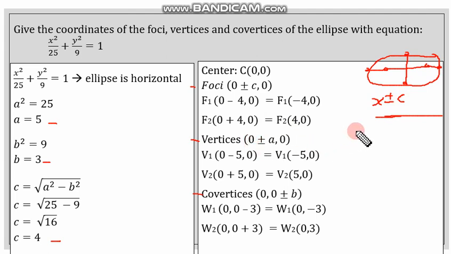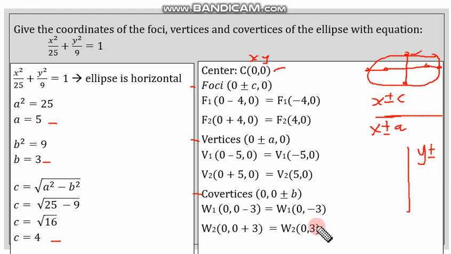And also sa vertex na to, x na mag-add o mag-subtract for a. So from the center, this is our x and this is our y. Now if our segment is horizontal, y pud ta mag-add o mag-subtract.